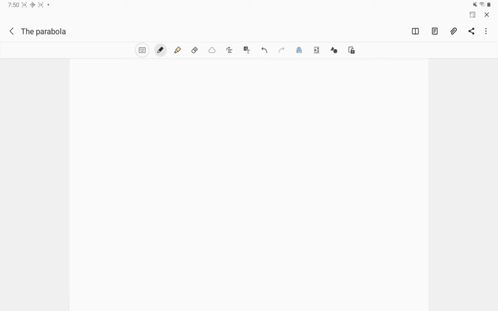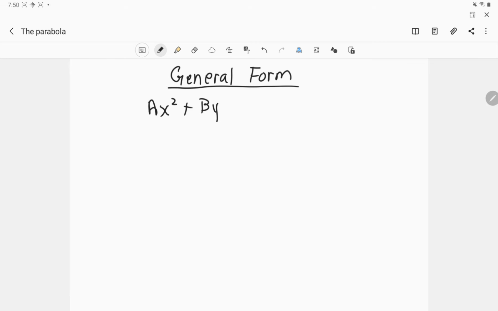You really should be able to tell just by looking at it, because general form for any of these shapes is the same. It's ax squared plus by squared plus dx plus ey plus f equals 0.